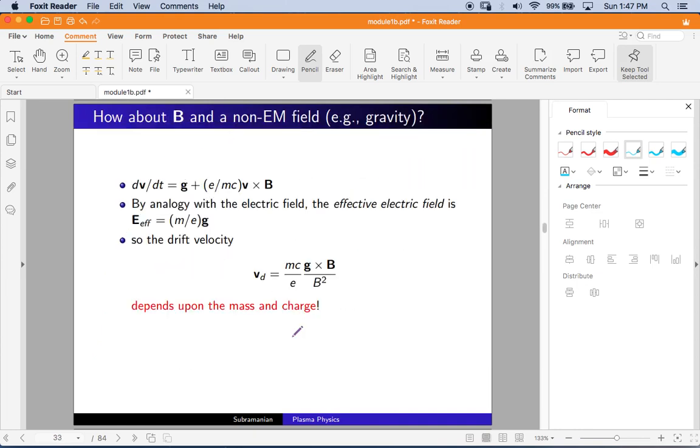And then what happens is the drift velocity depends on the mass as well as the charge, unlike the case for a pure electric field. And what's more, there will now be a net current, a current given by, say, n e v_D, like that.